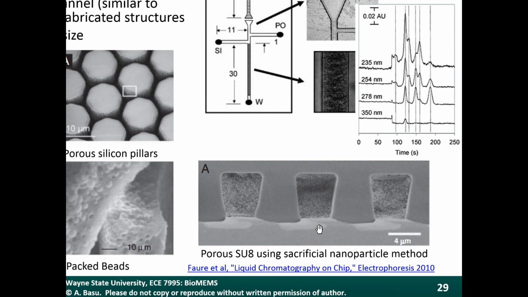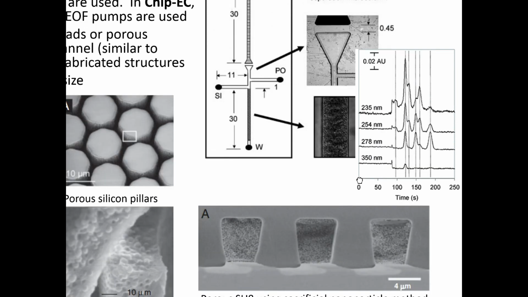You can create nanoparticle formulations in there so that you get a sort of porous structure. Anything that has small pores in it, and if those pores are well defined and have well defined surface properties, then you can use that as a stationary phase, depending on what you're trying to separate.